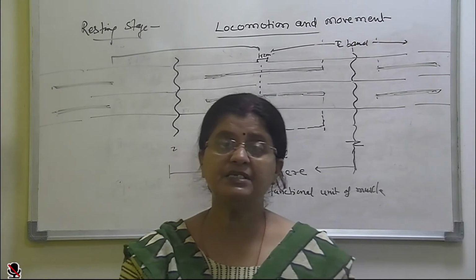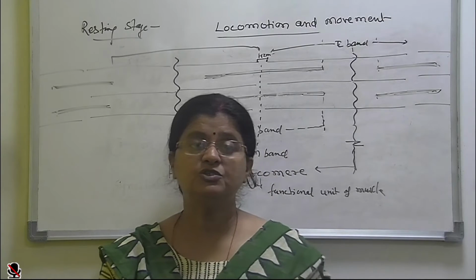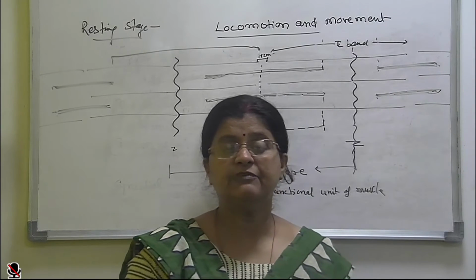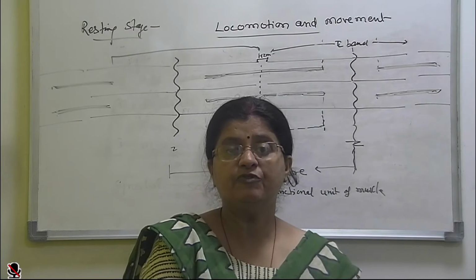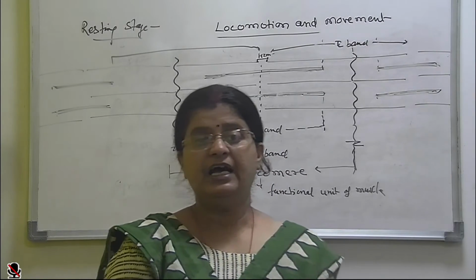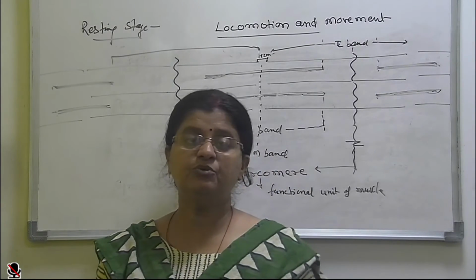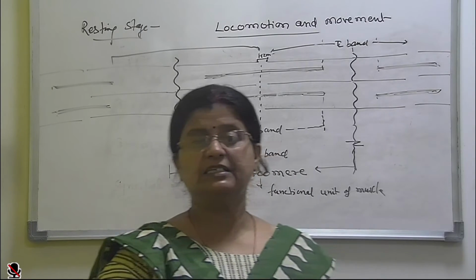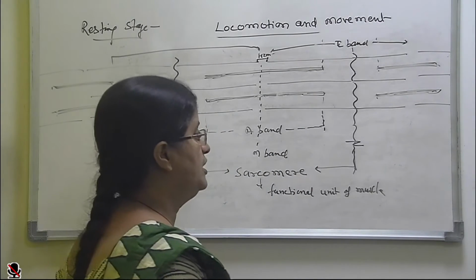Each actin filament is made up of two F actin which are helically wound to each other, right? And you know this F actin is actually the polymer of G actins, that is the globular protein.